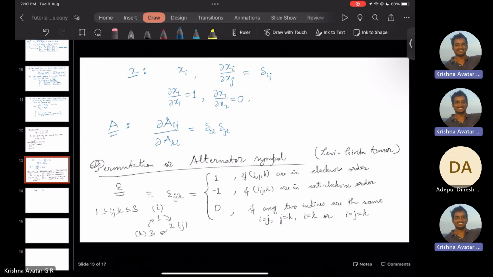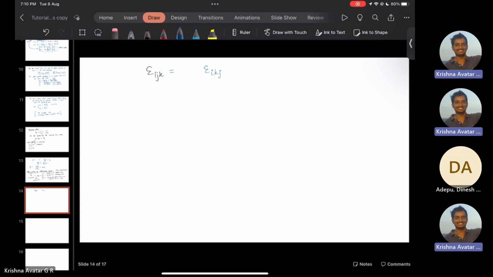So if before it was in clockwise order, exchanging the places of the indices will result in its being anti-clockwise, because of which there will be a negative sign before the new interchanged tensor.